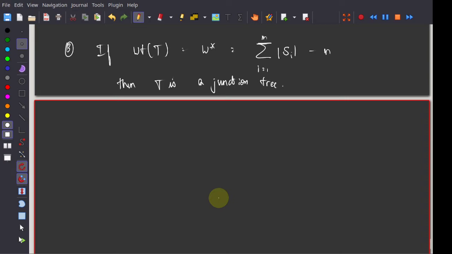But if it is not possible, then you'll have to add more local functions. And there, depending on how you add the local functions, the complexity of your algorithm will ultimately be affected. There are different ways of adding.